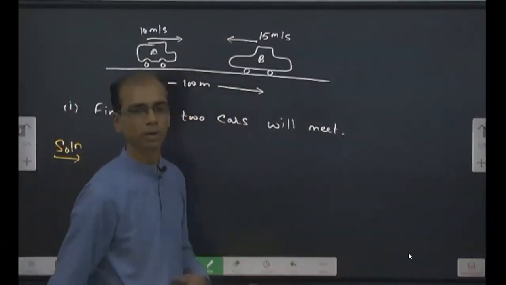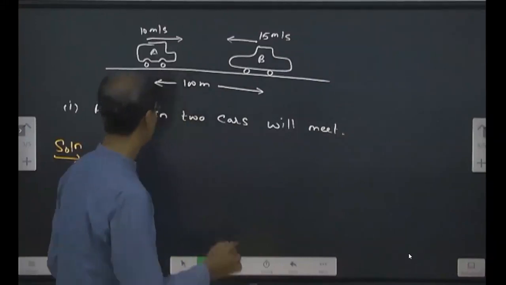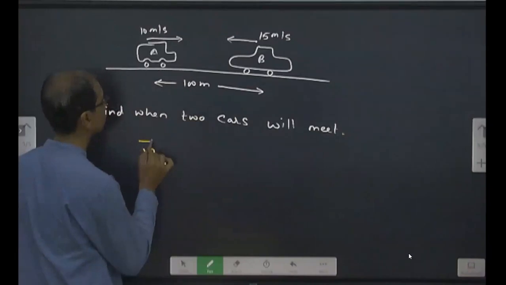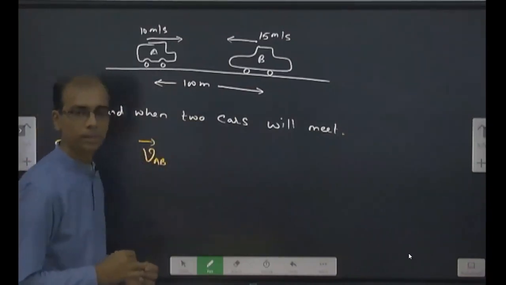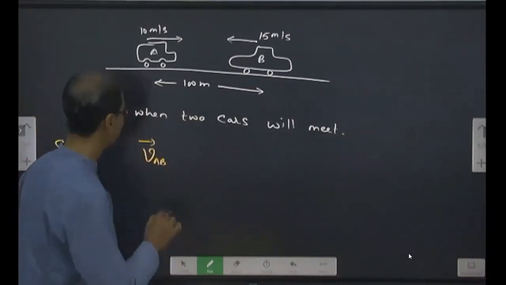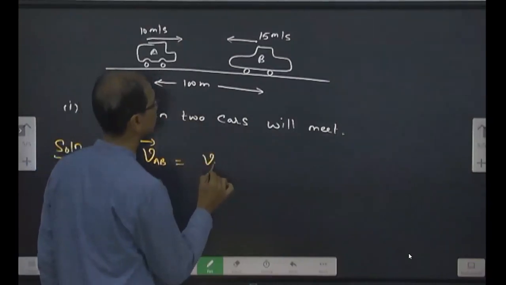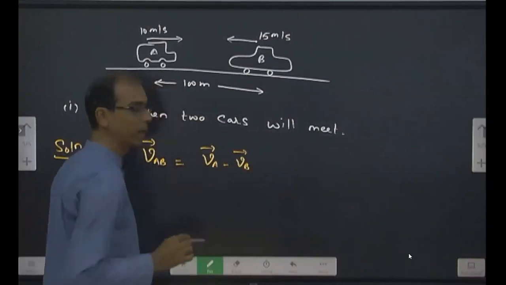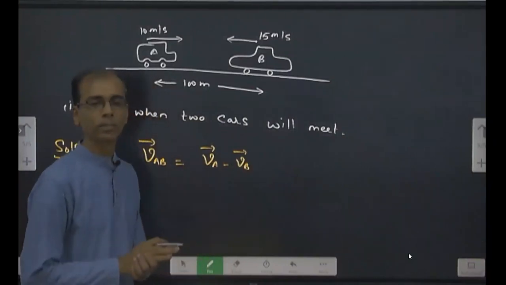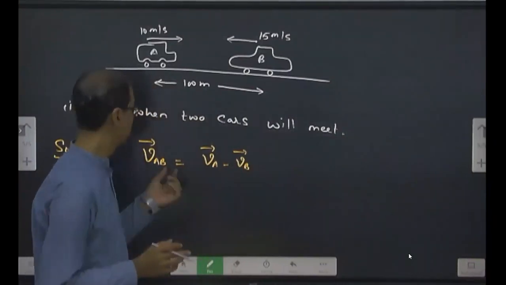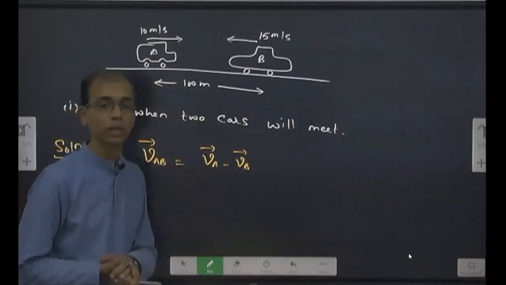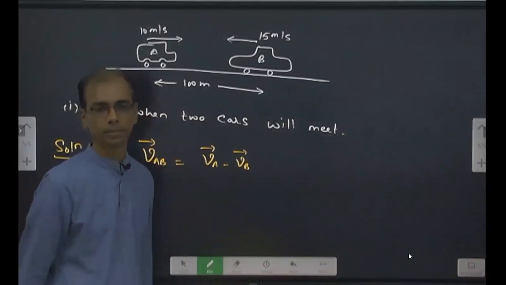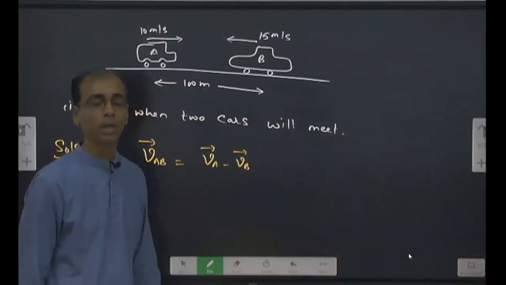See, I'll try to tell you. Whenever I say velocity of A with respect to B, see it in this way. You calculated VA minus VB and you got its value. Try to understand it in this way that when I say velocity of A with respect to B, that means I am saying now B is at rest.